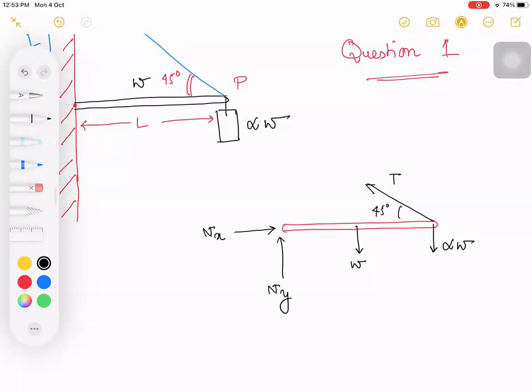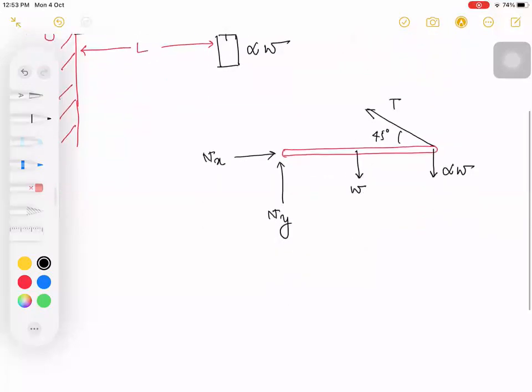Quickly write down the three equations, the force equation along X, Y, and the moment equation. So along the X direction, I have Nx is equal to T cos 45 degrees. No other force along X direction. So this is T by root 2.